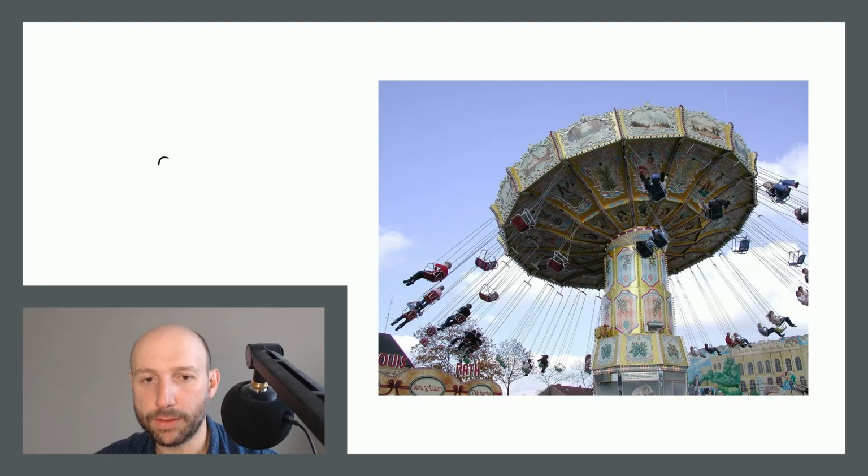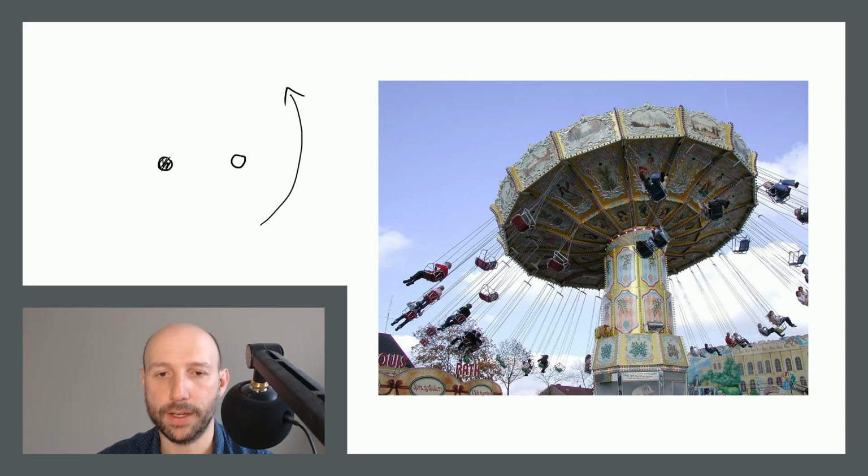If you have some point around which there is rotation, and let's say there's a mass which is rotating around that point. Well, this mass is moving forward, right, in a direction that is perpendicular to the path from the axis of rotation to the mass.